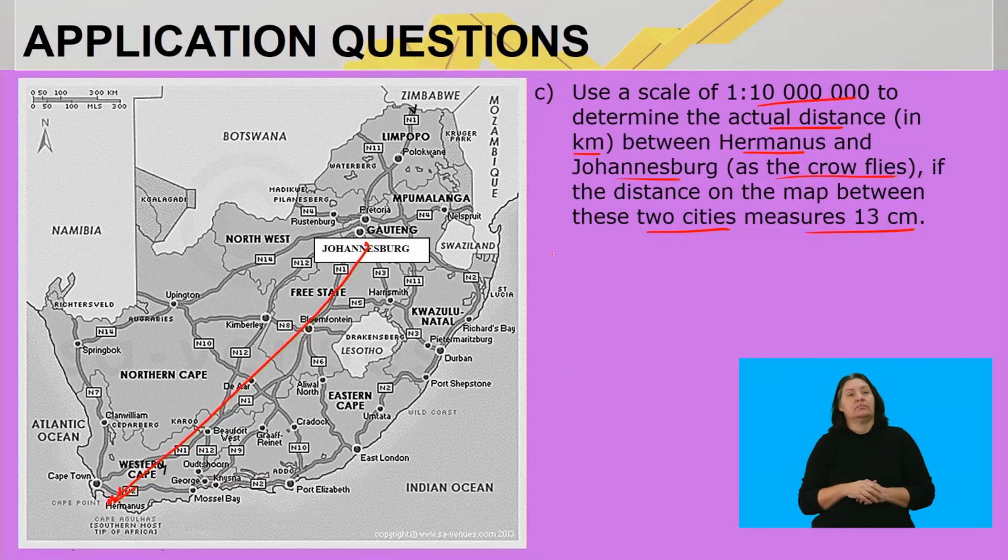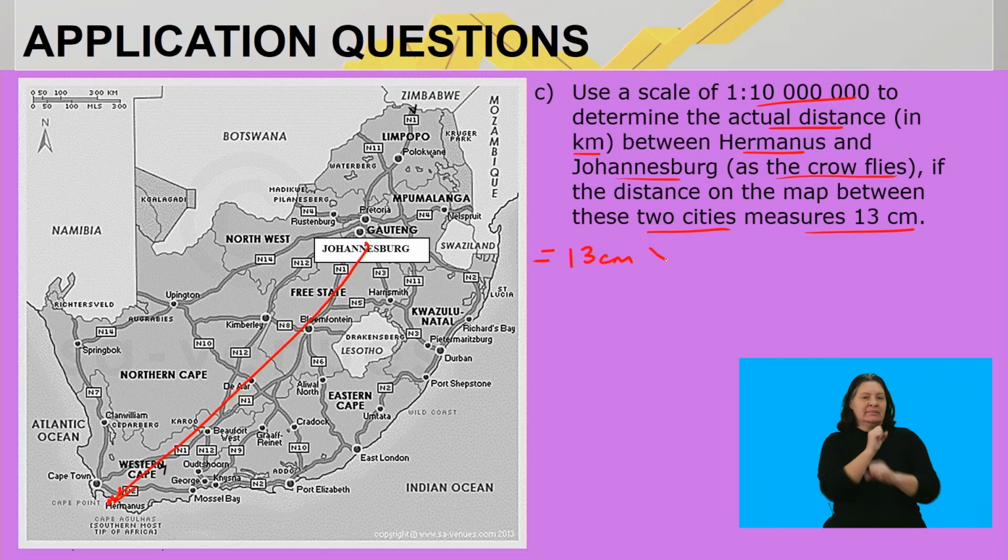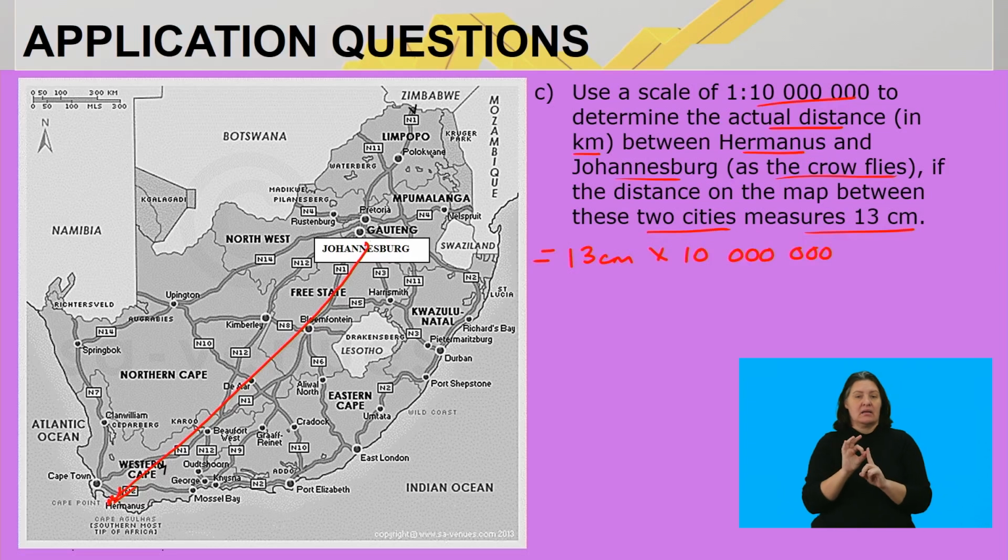Now let's start. So first of all, I'll start by indicating that I want to see this 13 centimeters. I'll multiply with my scale, right, which is 10 million. Okay, so when I do this 13 multiplied by 10 million, and make sure that you type in exactly the correct amounts or values there.